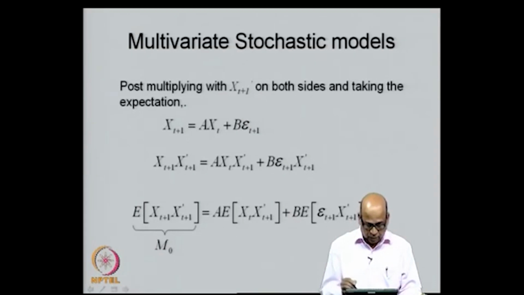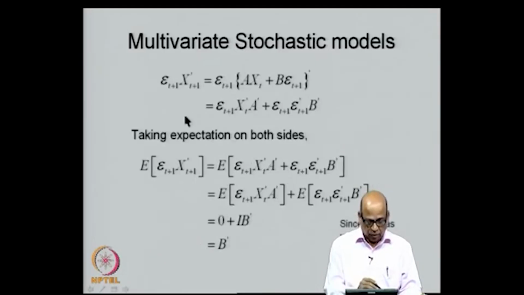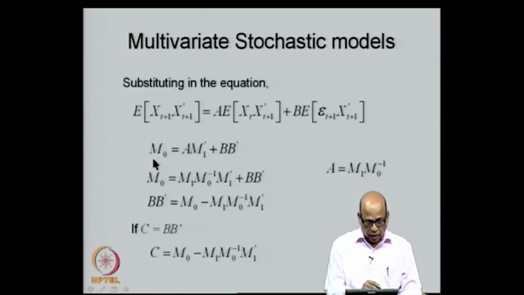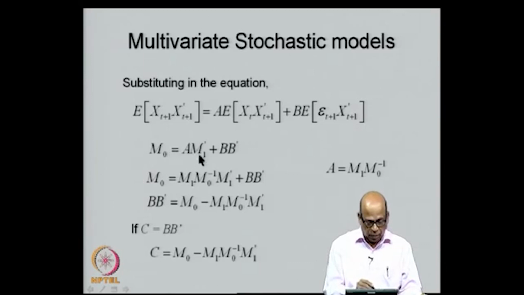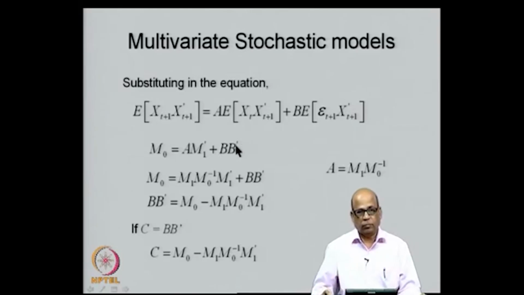So, we write this particular expression again and then write this as m naught is equal to a m 1 dash plus b b dash, in which we have already determined a, which is m 1 m naught inverse. So, a has been completely determined. So, we write m naught is equal to a m 1 prime plus b b prime.